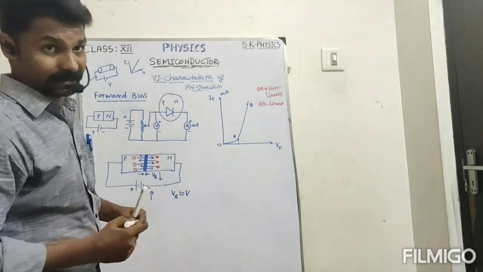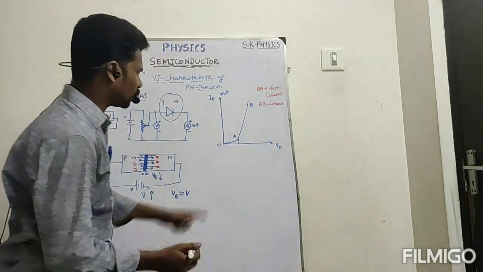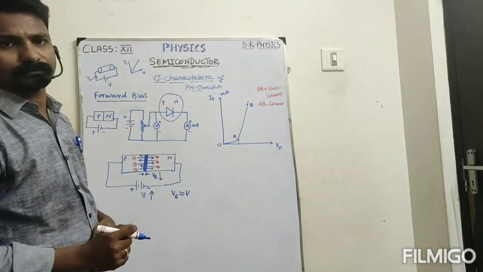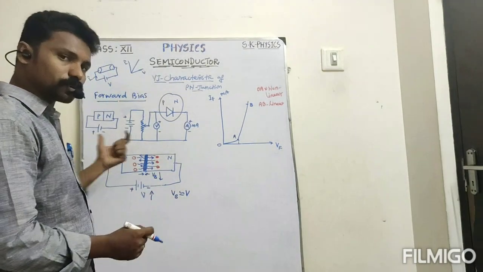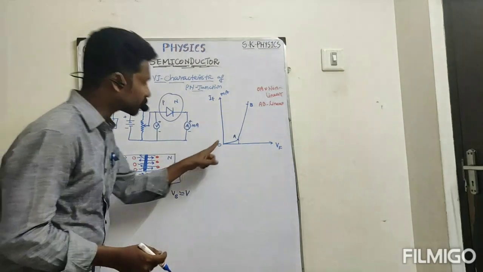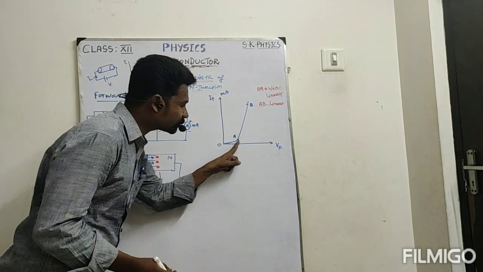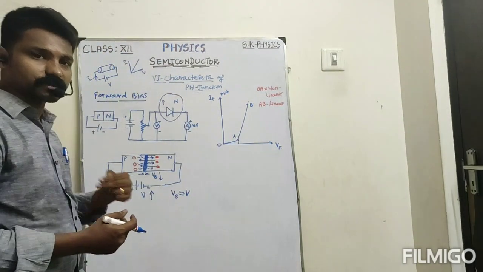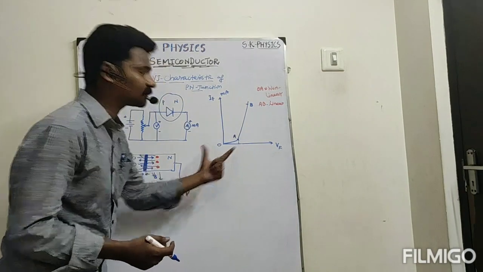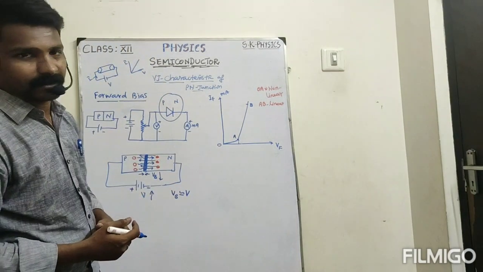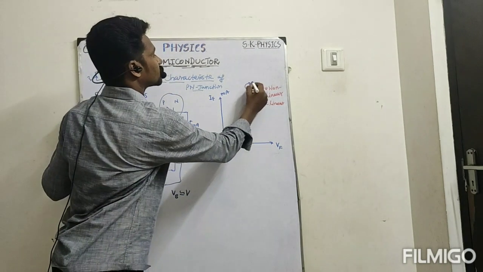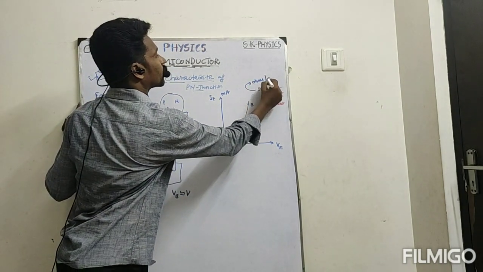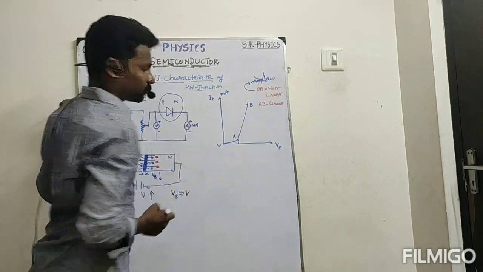So why is OA non-linear? Because the applied voltage is used only to overcome the potential barrier, so the current increases very slowly, and we get a non-linear curve. So in this OA region, it does not obey Ohm's law.